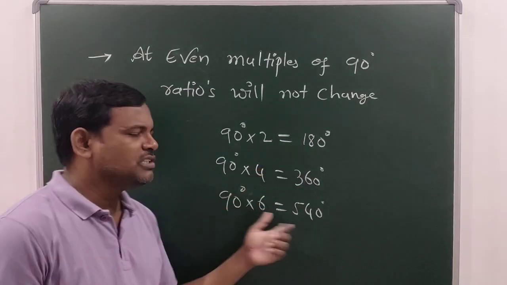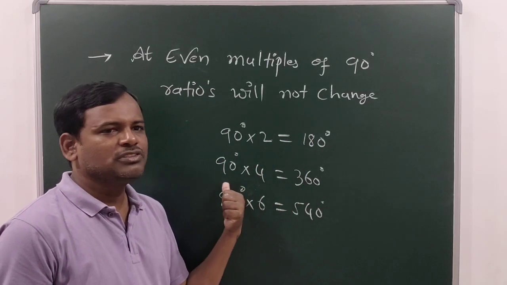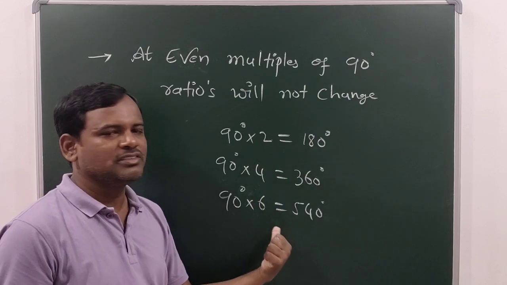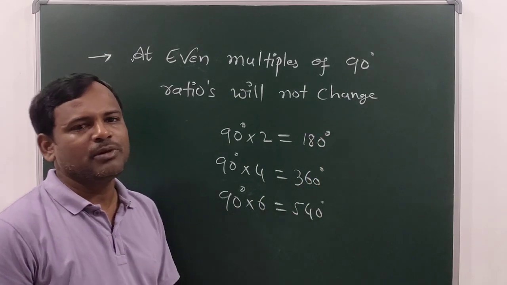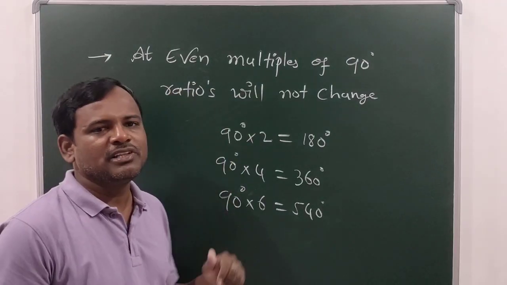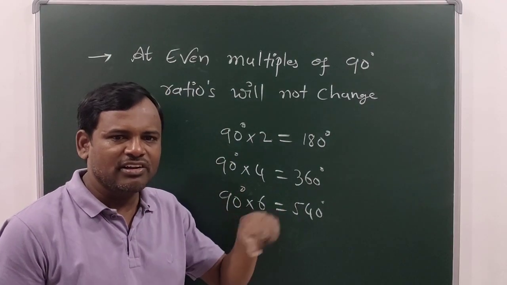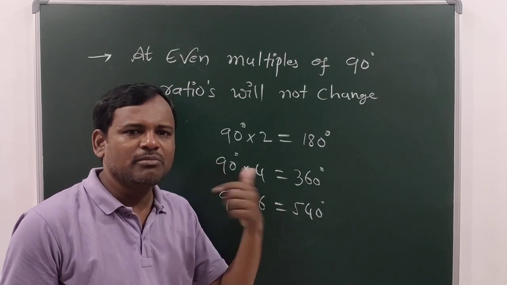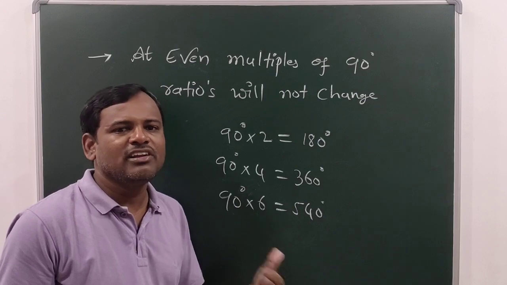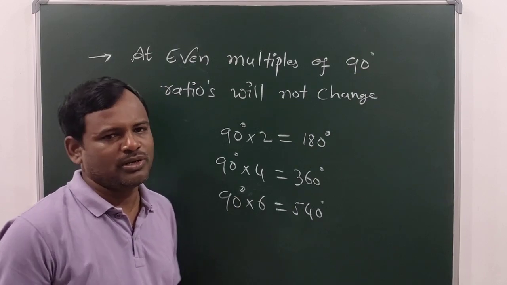Okay, so these are called even multiples of 90, because we are multiplying 90 degrees with even numbers. Hence these will be called even multiples. At these particular angles, no changes will come in the ratios. Sine will come sine only, cos will come cos only, tan will come tan, cosec will come cosec, secant will come secant, cot will come cot only.